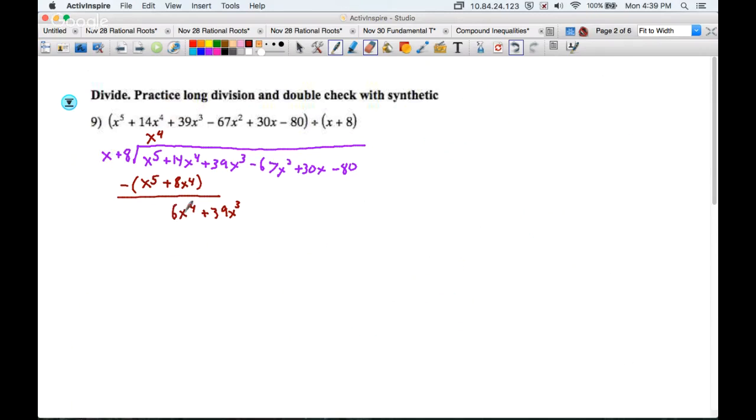How do I get an x to fit into a 6x to the 4th? Well, a 6x cubed will do the trick. Actually do the multiplication, and get a 6x to the 4th, and I get a plus 48x cubed. Subtract it away. 39 minus 48 is a negative 9x cubed.